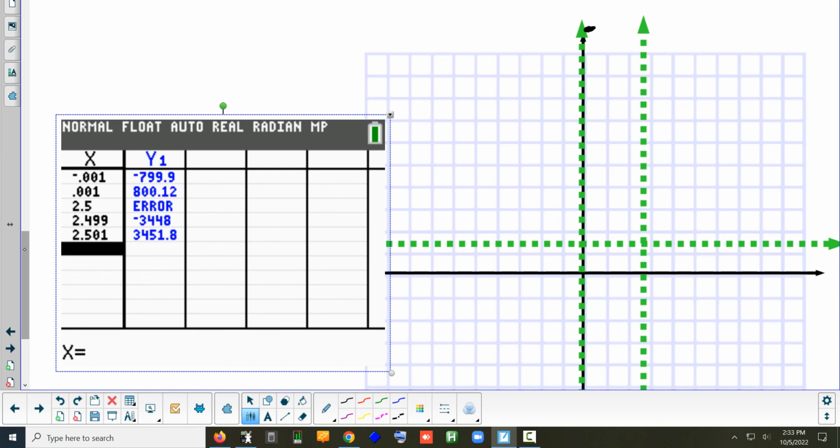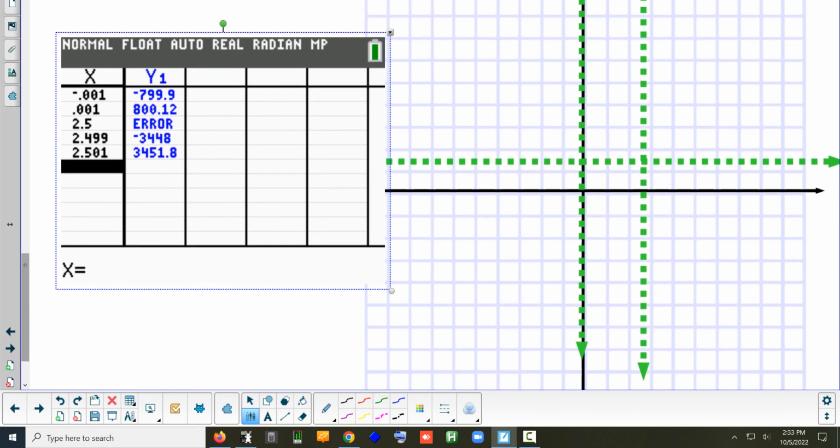How about when we are to the left of 2.5? Where am I? We're to the left of 2.5. Where are we? We're to the left.